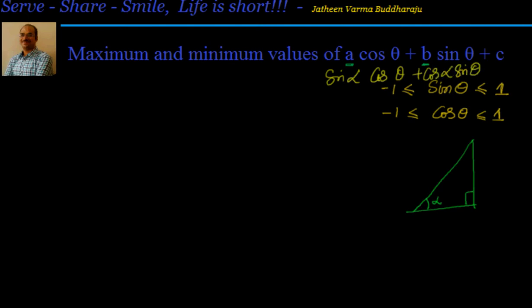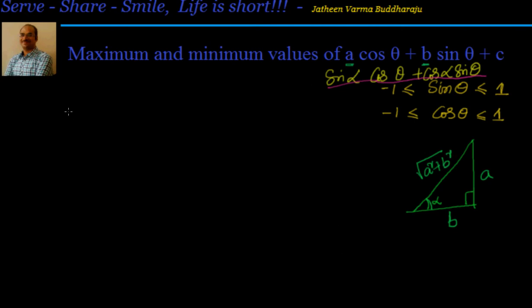I hope you are comfortable with that. So our idea is to convert a cos theta plus b sin theta plus c into the form sin alpha cos theta plus cos alpha sin theta. Now I have an angle alpha, and for sin I have a, and for cos I have b. If I have a and b as two sides, the hypotenuse will be equal to square root of a square plus b square.